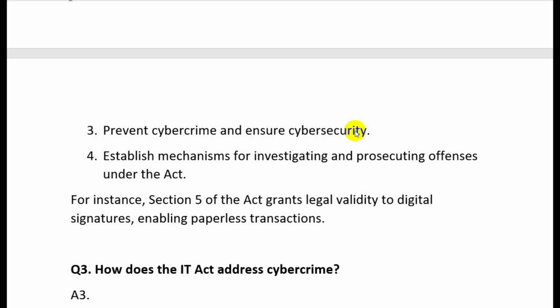For instance, Section 5 of the IT Act grants legal validity to digital signatures, enabling paperless transactions.